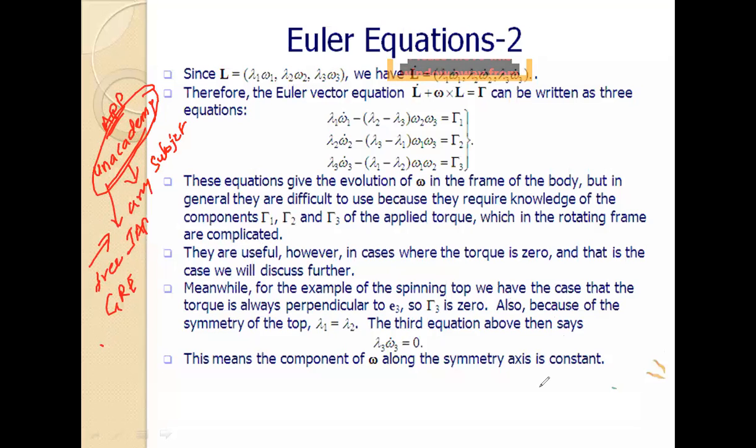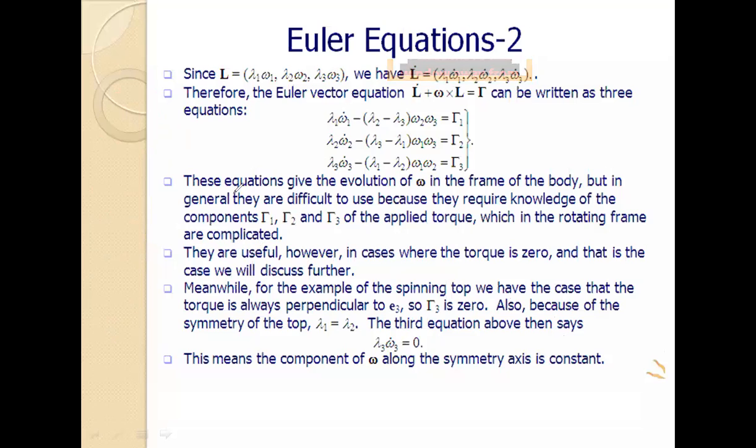Okay, thank you. As I mentioned, I don't have much time. These equations can give the evolution of angular velocity in the frame of the body. But in general they are difficult to use because they require knowledge of the components torque 1, torque 2, torque 3, which is the applied force in the rotating frame, which is complicated. They are useful, however, in cases where the torque is 0.